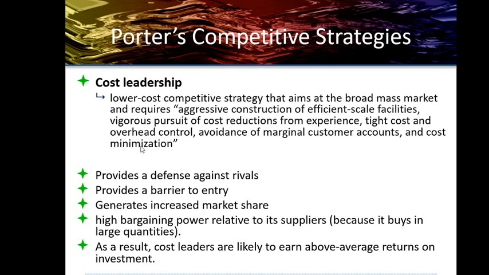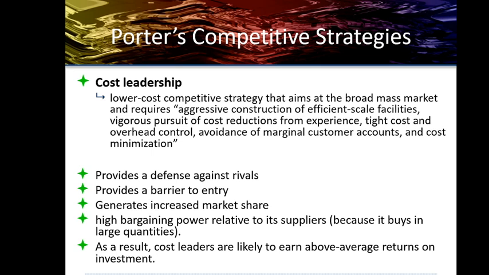Now, what are, let's say, the benefits or the advantages of a cost leadership strategy? It will provide the company with a defense against rivals, against competitors. When we say rivals, we mean competitors. A defense. Why? Because I'm surviving. I have a competitive advantage in terms of lower price, then I can also sell, and my revenue will also be high.